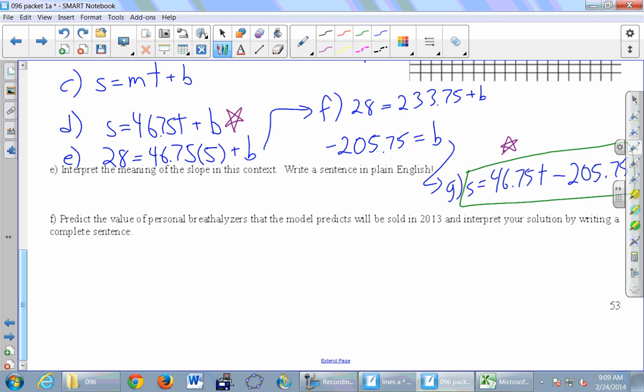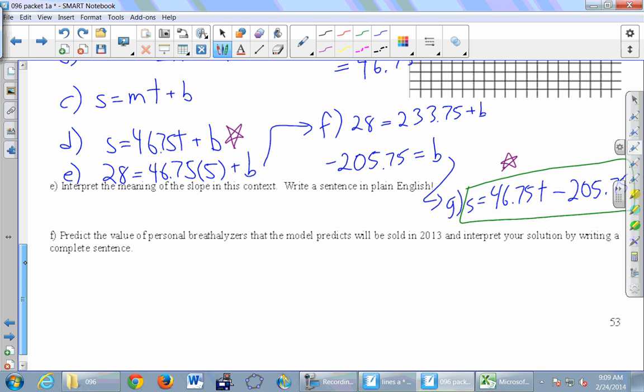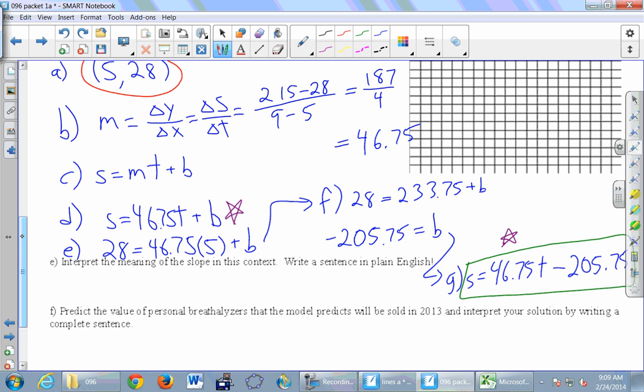All right, let's go to part E. Okay, so we know what the slope is. What did it turn out to be in this case? Was this 46.75? So that slope means something. It has to do with sales and it has to do with time.